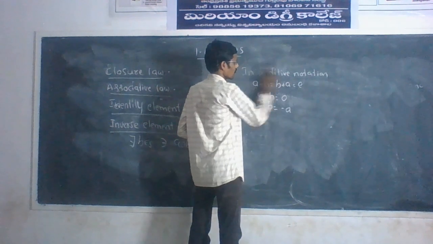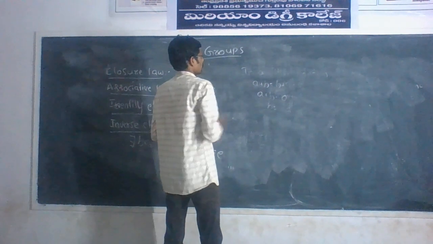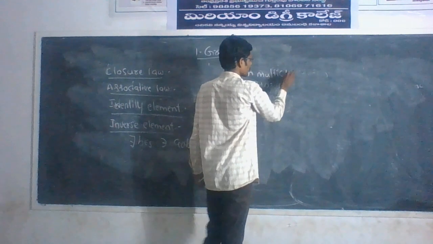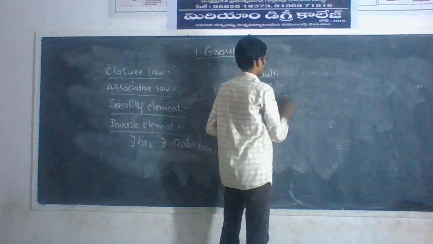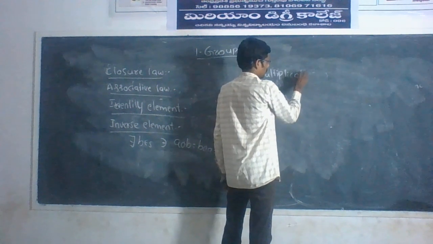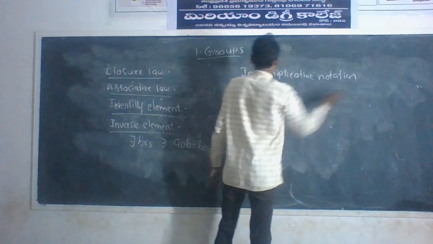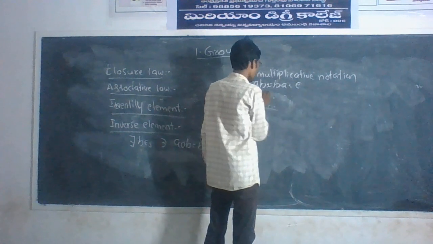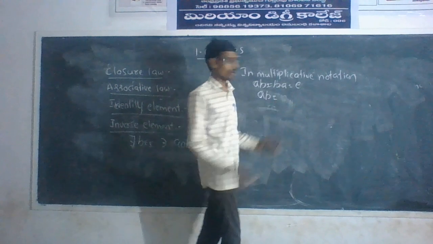In multiplicative notation, A into B is equal to B into A is equal to E. In multiplicative notation, the identity element E is 1.